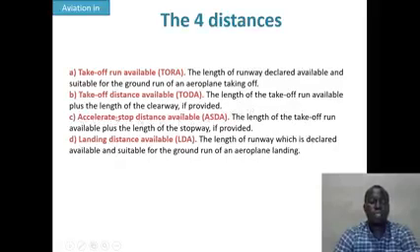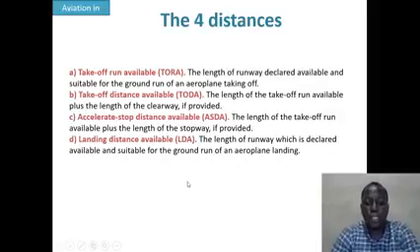The accelerate stop distance available, the ASDA, is the length of the takeoff run available plus the length of the stopway if provided. The landing distance available, the LDA, is the length of runway which is declared available and suitable for the ground run of an airplane landing.